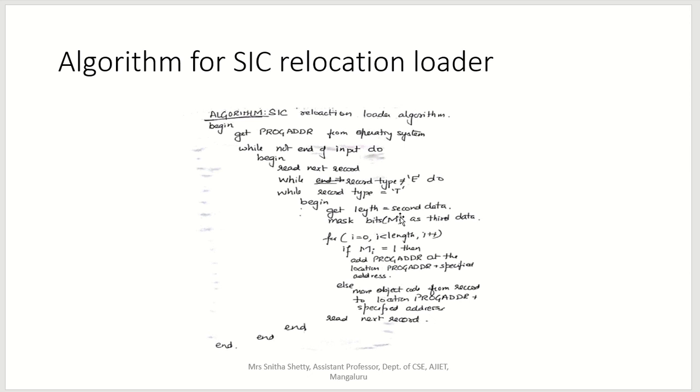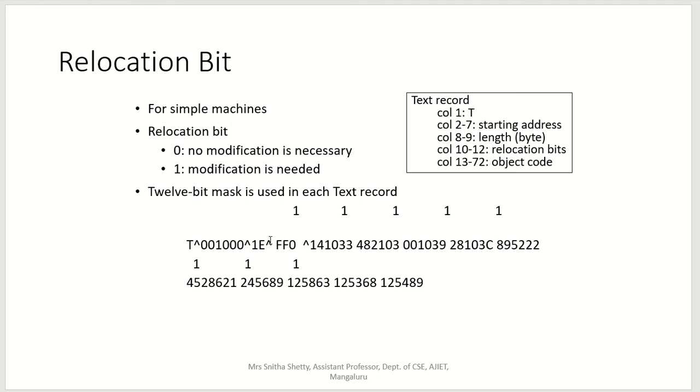Get the length of the second data, and that 3 bit relocation field is also known as mask bits. Why is 12 bit given here? Because when all bits are high, it becomes 12 bits. Actually it is 3 locations, 3 fields, 3 columns. So that 3 column field is also known as mask bits.